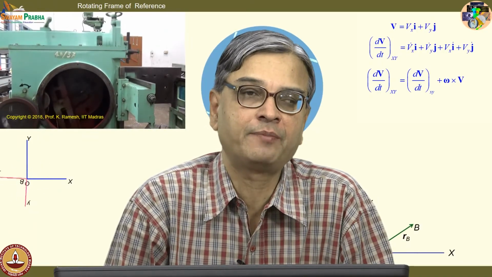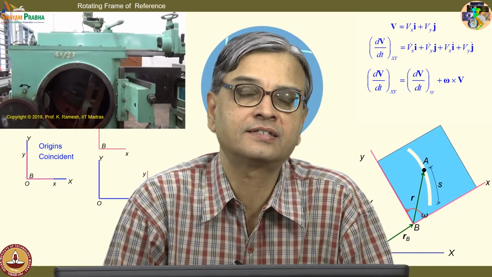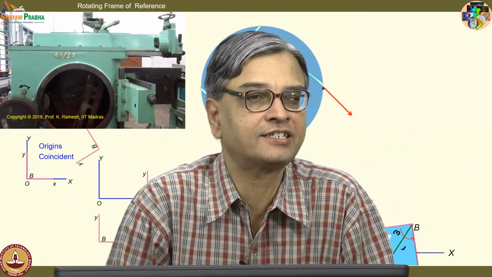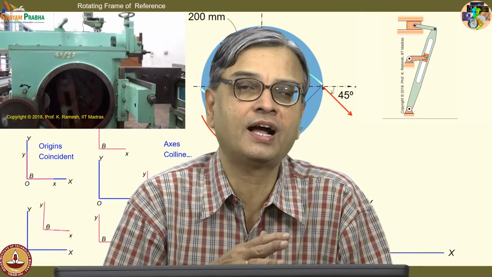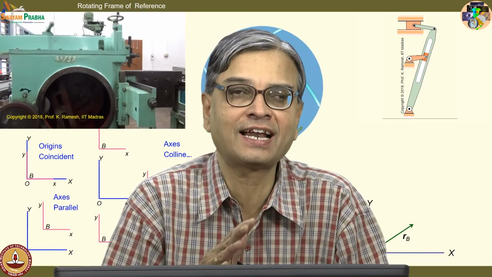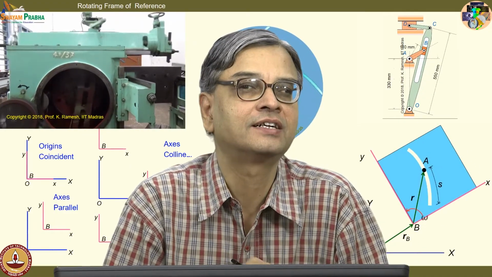Let us continue our discussion on rotating frame of reference. See, the idea you have to keep in mind is a rigid body has a translation as well as a rotation. You are accustomed to attaching a non-rotating translating axis from your earlier knowledge of particle dynamics.